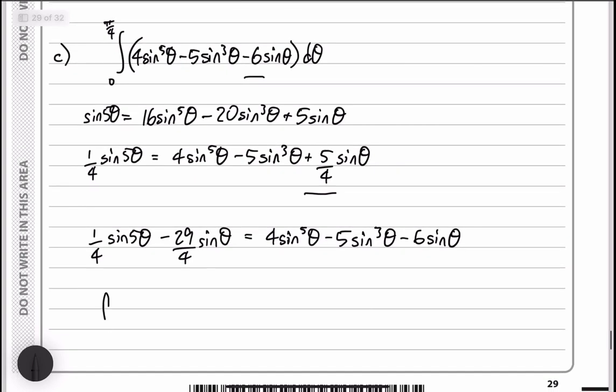So the integral becomes the integral from 0 to pi by 4 of 1/4 sine 5 theta minus 29/4 sine theta d theta. And while that's not as nice as I thought it might be, it's certainly better than it was. We can at least integrate this.